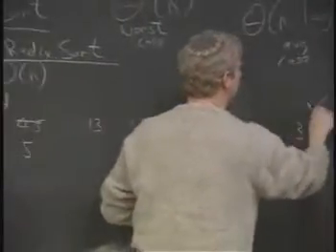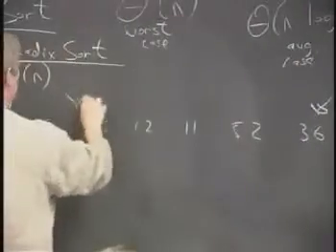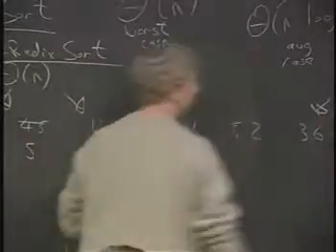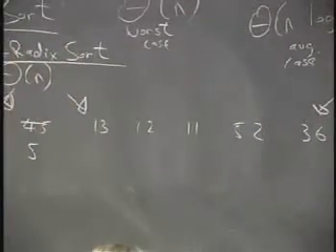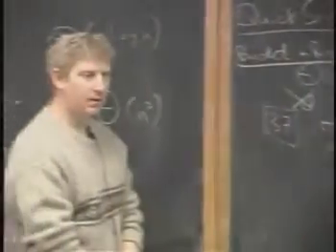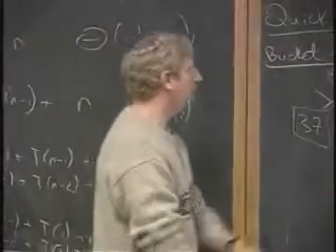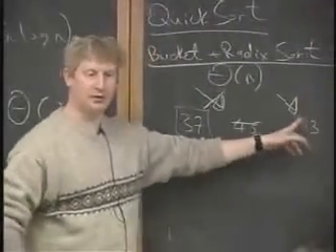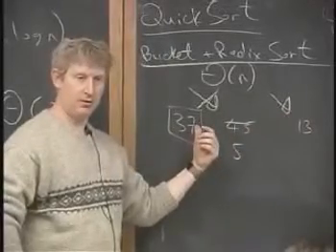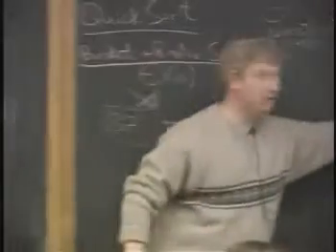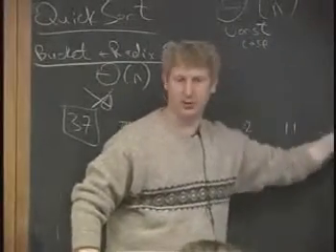And now we move the pointers in one each. If only one of them was on the wrong side, we would have moved the other pointer until we found enough. You move the pointer until you get something on this side that's bigger than 37, and you move the pointer here until you get something that's smaller than 37.